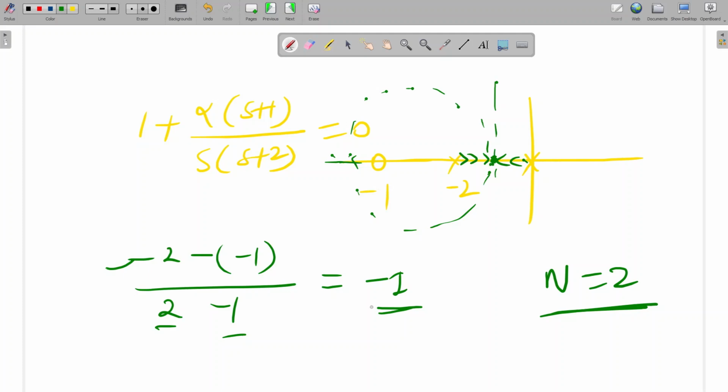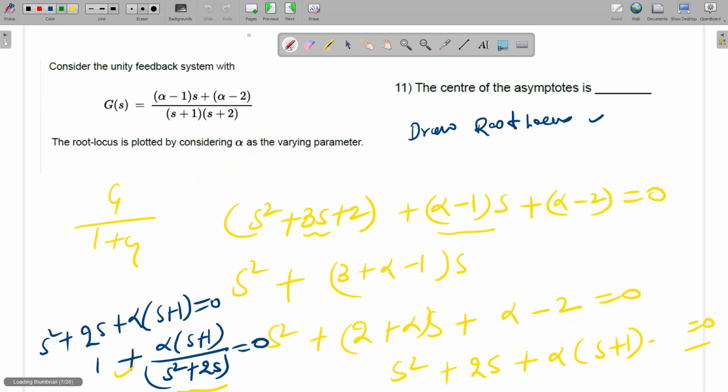Sir, please explain the previous slide. Here, instead of combining s into alpha plus 2, we have taken alpha and s plus 1. Why like that, sir? See, the quadratic equation: s square plus 2s plus alpha plus 1.